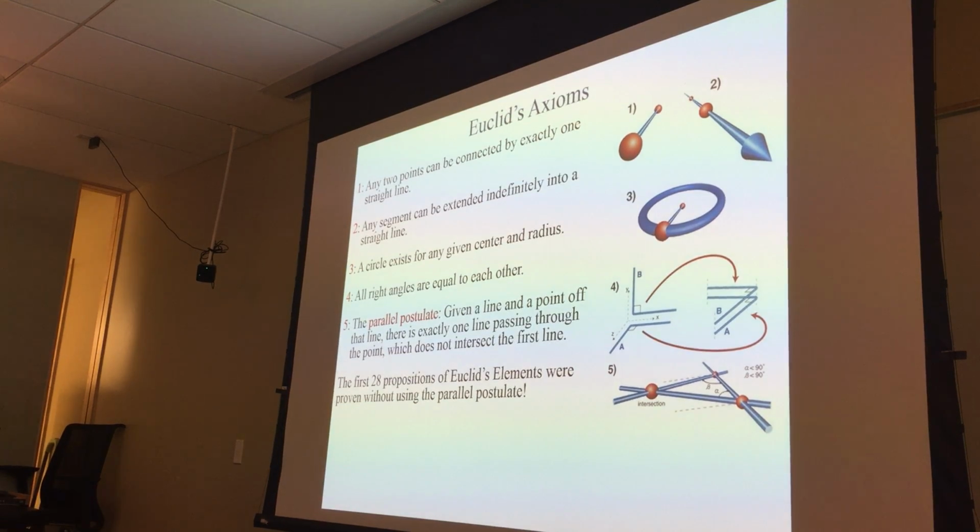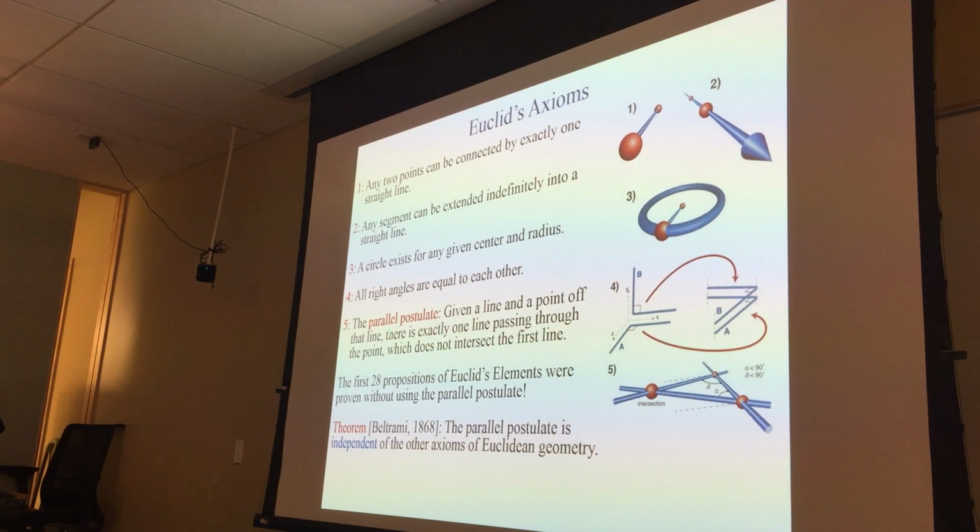Right? So, for many centuries, almost 2,000 years, people tried to prove the fifth from the first four, and they failed. And only in 1868, 2,000 years after Euclid, 20 centuries, somebody showed that the parallel postulate is independent of the other axioms. What does it mean for an axiom to be independent of the other axioms?